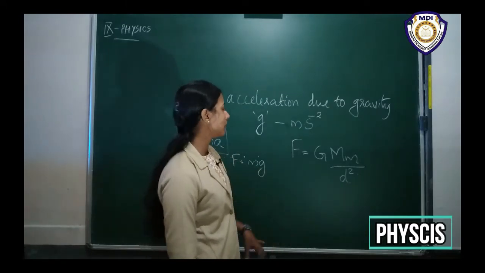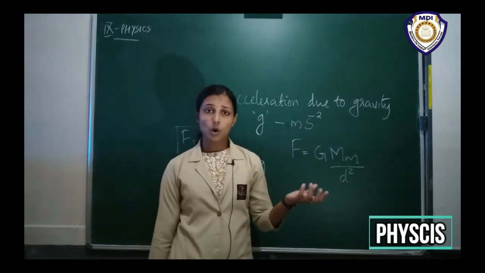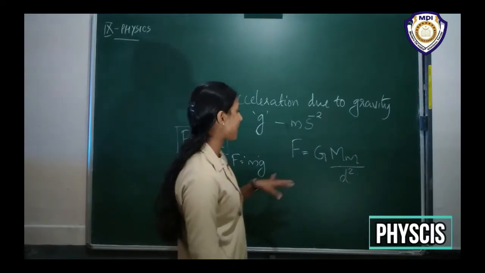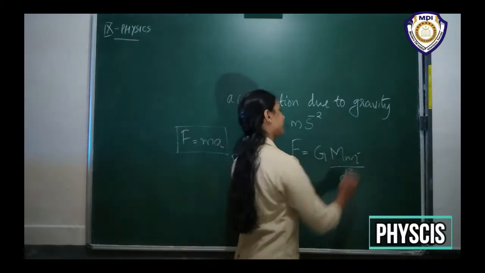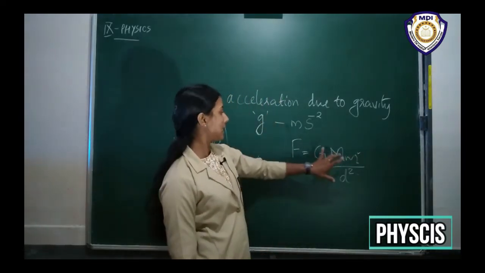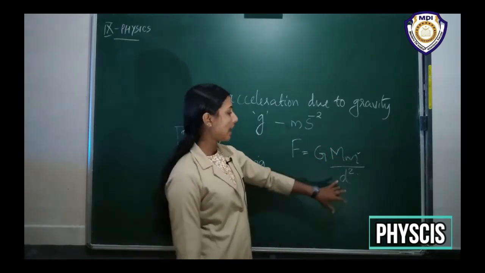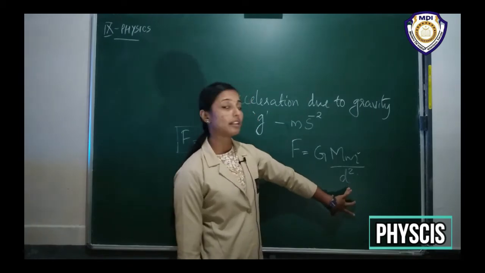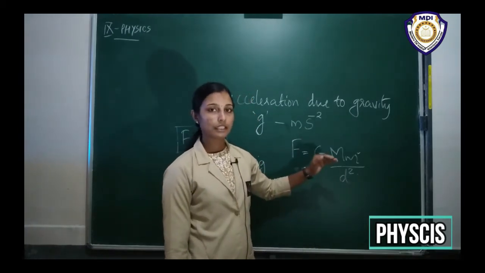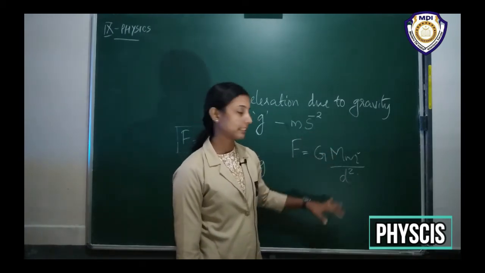So when we throw a stone, suppose the stone has a mass of m kilogram, and here M is the mass of Earth, right? And this is the distance between the object and the center of Earth.